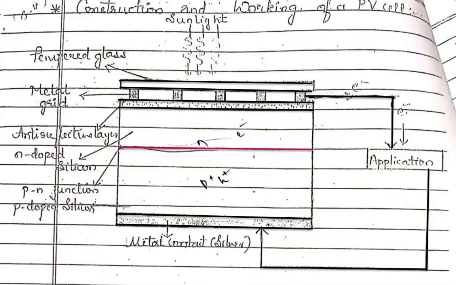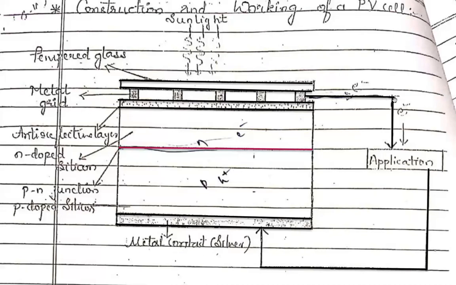So how is it working? When light falls on the p-n junction, the free electron is ejected from the N-type. This electron wants to meet the hole. But due to this p-n junction, due to the depletion region, it cannot pair up with hole. But it is very eager to meet this hole. So what will it do? We have provided an external conducting path, which is a one-way path.